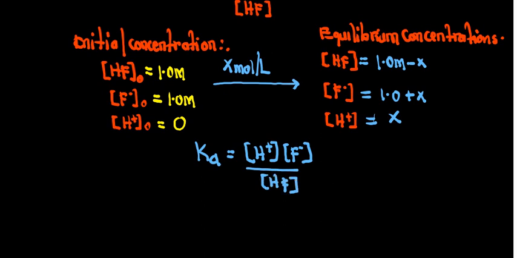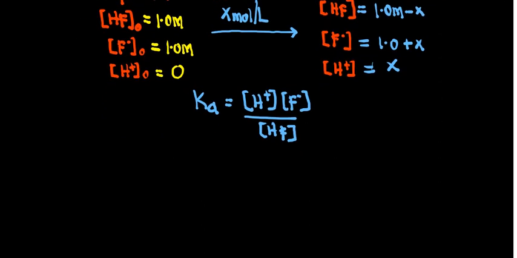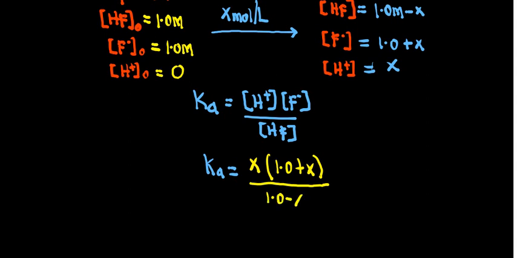And then what we're going to do here is, Ka is going to be equal to what? What were the products after the reaction reached equilibrium? The concentration of H plus is X. Okay, let me use a different color. You see, this is X. Then F minus is 1.0 plus X. Then you divide by HF, the value is 1.0 minus X. That is the concentration that we're having down there.